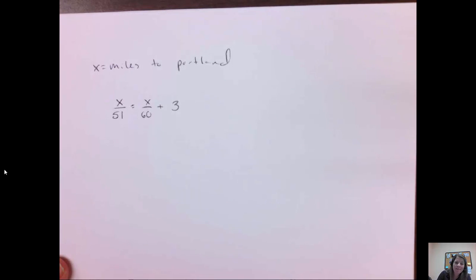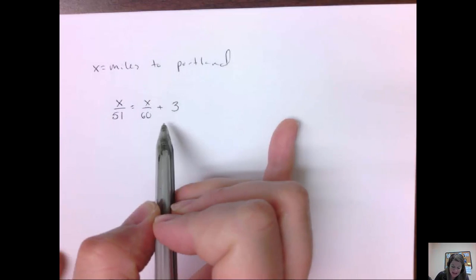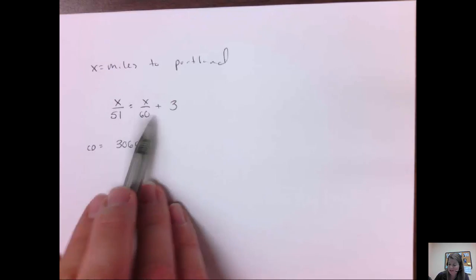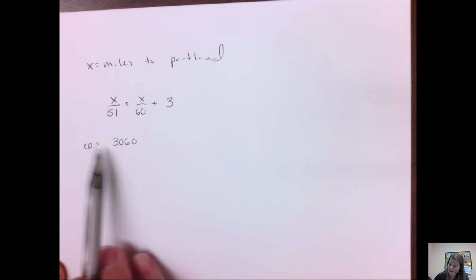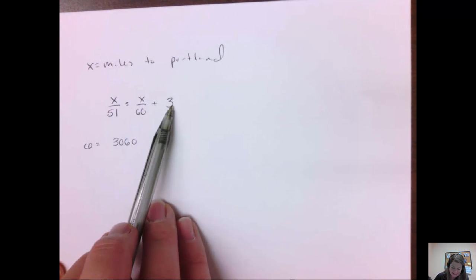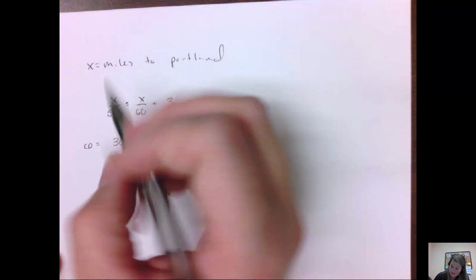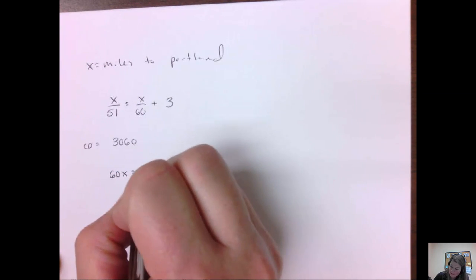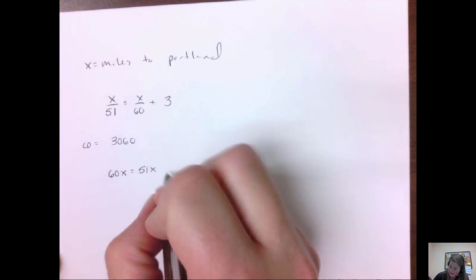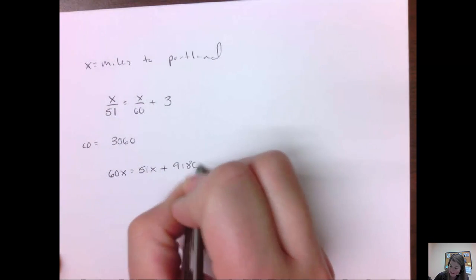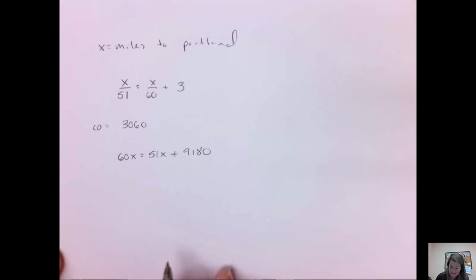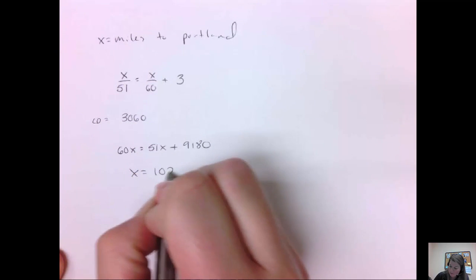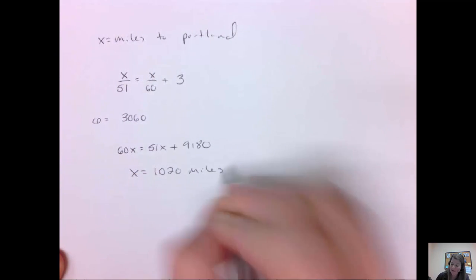The common denominator for this one would be 3060, these two numbers just being multiplied. If I multiply that by all three spots, I end up with 60x equals 51x plus 9,180. Then if I solve this down, I get 1,020 miles to Portland.